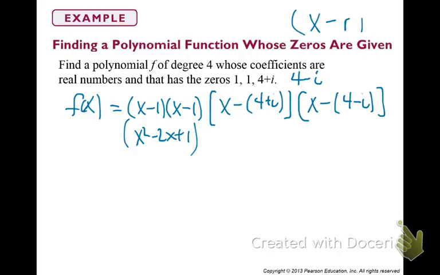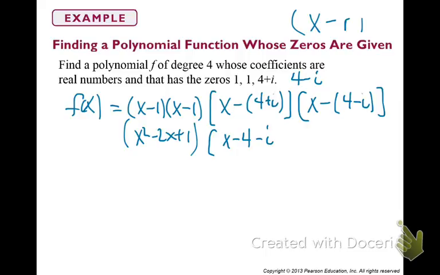You notice that I put the complex numbers in parentheses. Why did I do that? Yes, thank you. Because now we need to distribute our negative sign. So go back and distribute your negative sign. That would give us x minus 4 minus i.